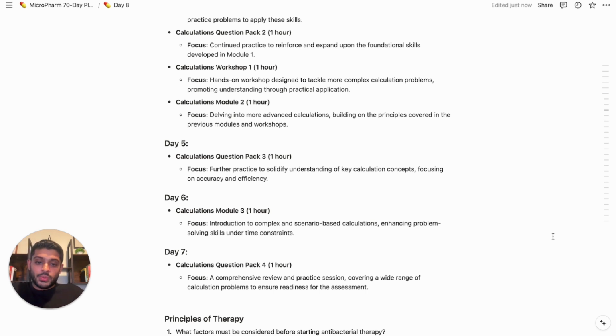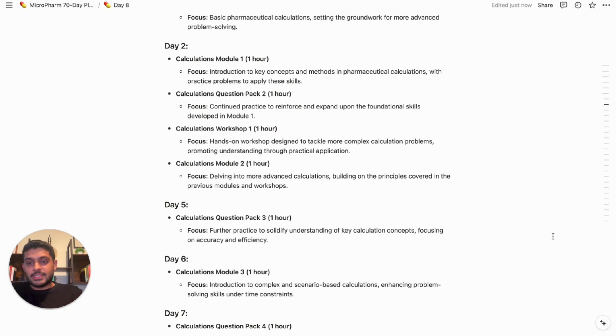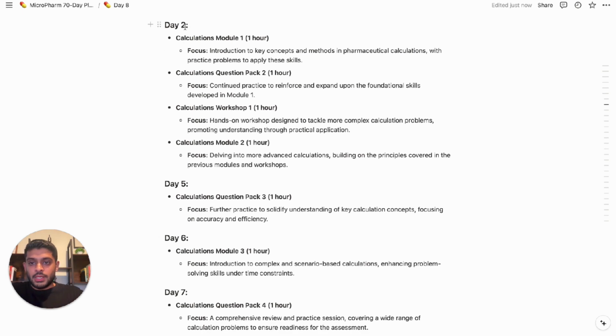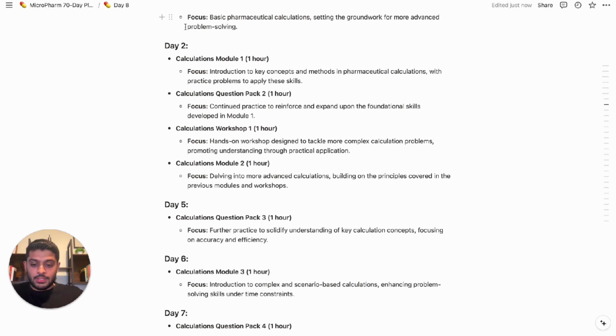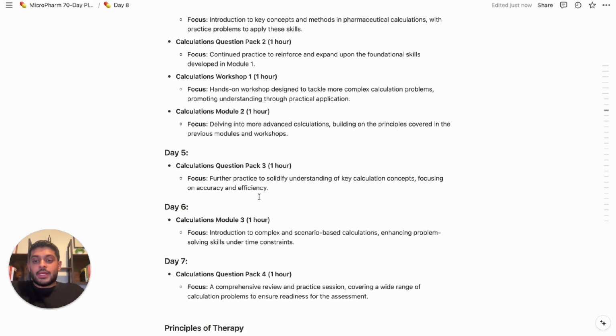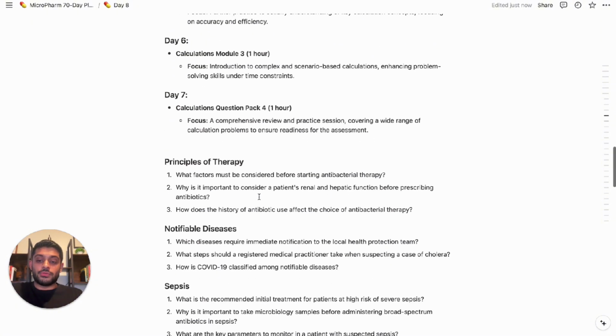Just to let you know, here it's summarized day 2, 3, and 4, so it would make more sense to have day 2 to 4 here. Then from day 5 onwards, I asked you to go through question pack 3, which involved a further 10 questions, module 3, which involved a further 12 calculation questions, and question pack 4, which involved a further 10 questions.